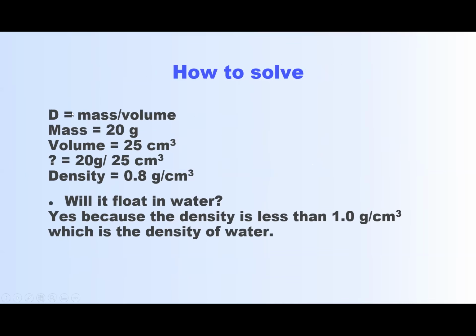Therefore, D equals mass over volume. Mass is 20 grams. Volume is 25 cm cube. Therefore, 20 grams divided by 25 cm cube is 0.8 grams per cm cube. So will it float on water? Yes, because the density is less than 1.0, which is the density of water.